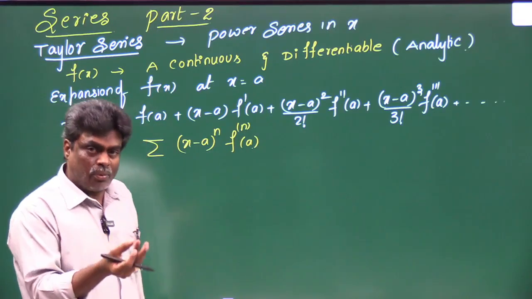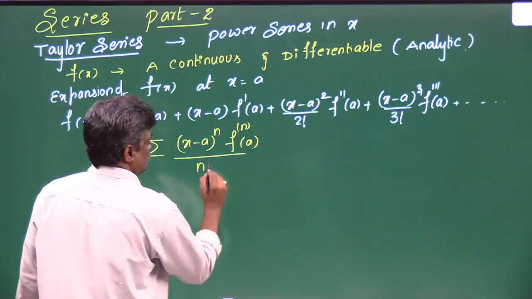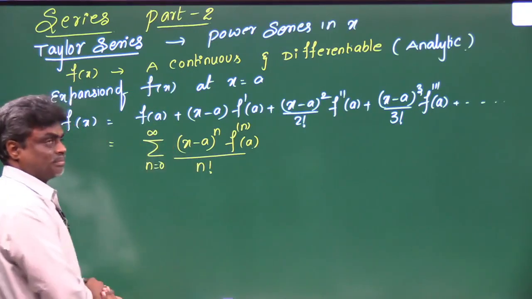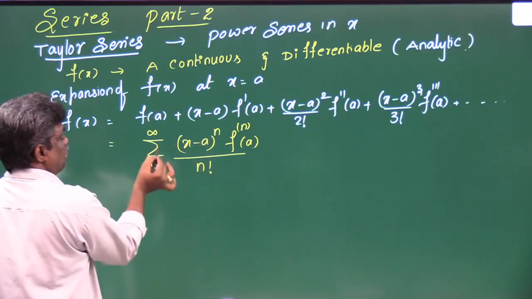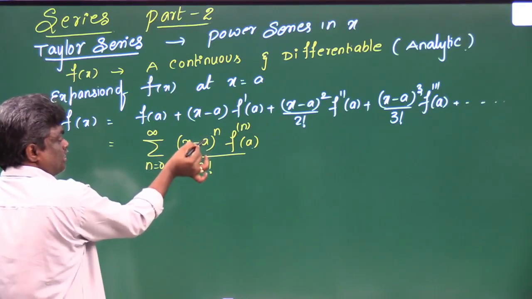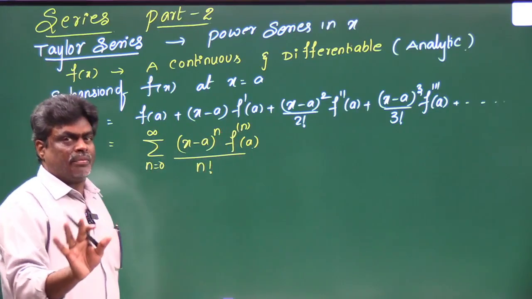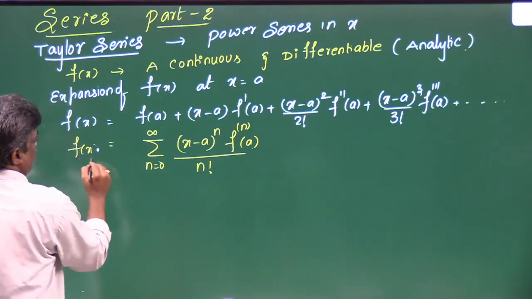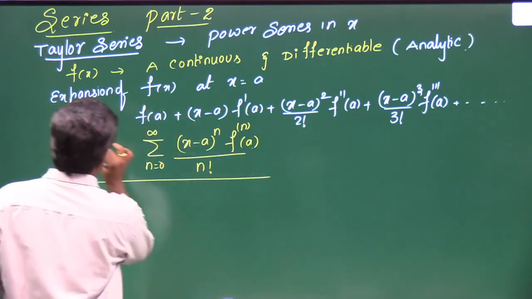That means nth derivative of the function at x equal to a by n factorial, where n is running from 0 to infinity. Whenever you put n equal to 0, this is 1 and this is also 1, and this is a 0 derivative, meaning no derivative, that is f of a. That's it. This is the Taylor expansion.